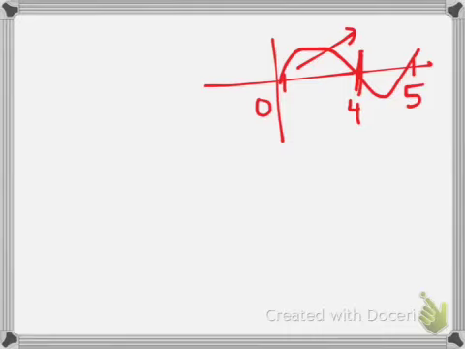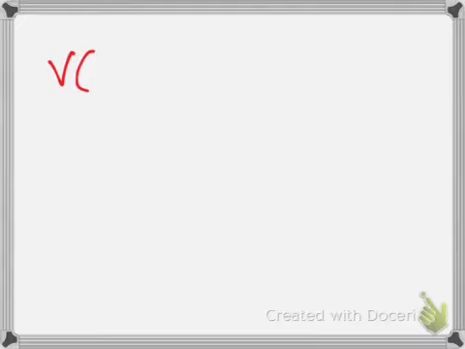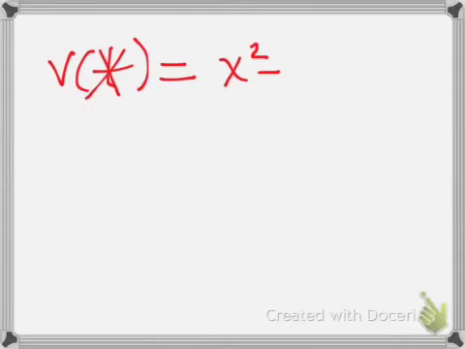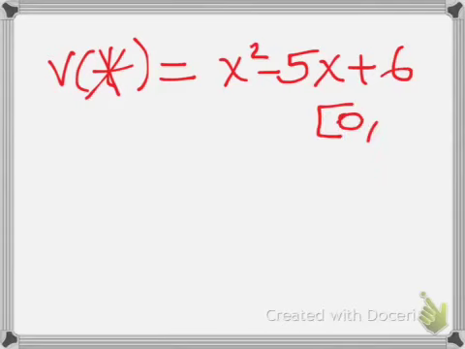For example, I have this velocity function of an object in motion, given by x squared minus 5x plus 6, where x is actually time here. I'm looking at the first 3 seconds: how much distance has this object in motion covered? What's the displacement and what's the total distance?